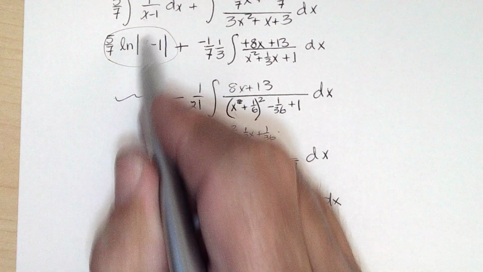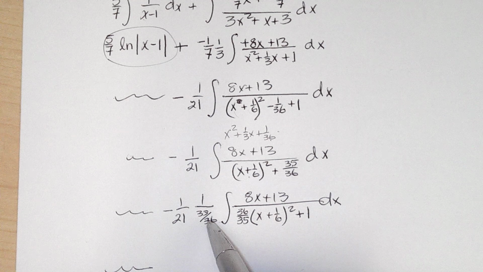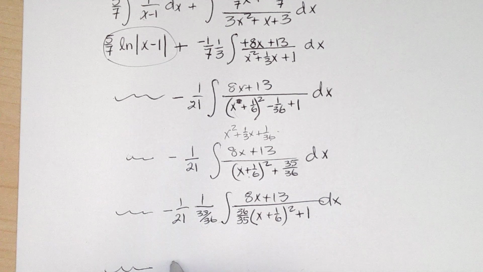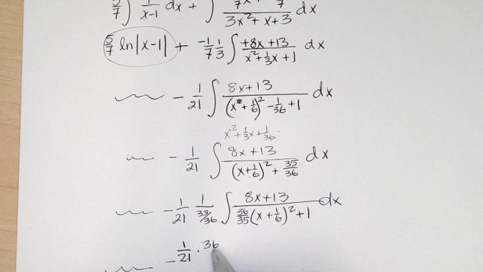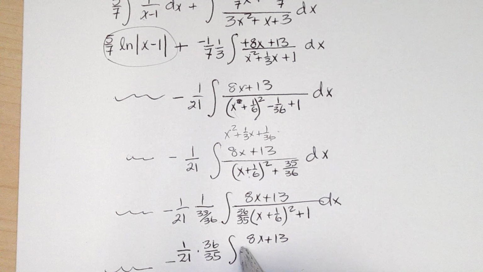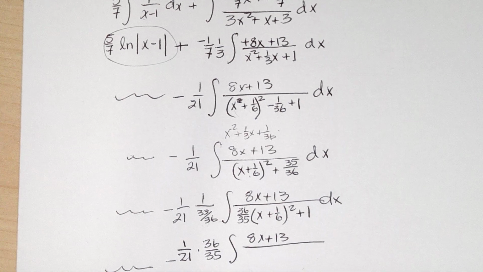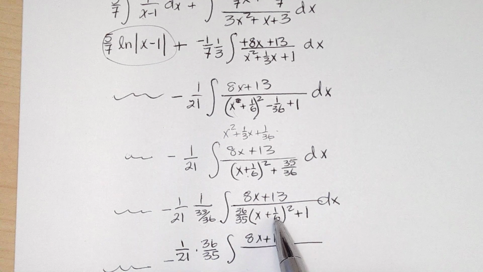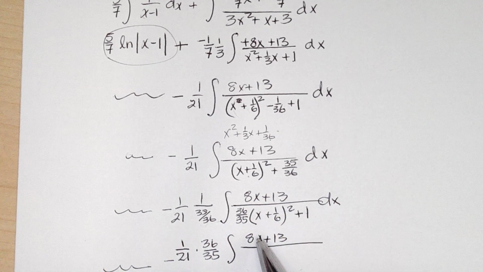So I have this still, and I'm going to invert. I'm dividing by this fraction, so it's going to be minus 1 over 21 times 36/35 integral 8x plus 13 over, and now I'm going to push this into the square.